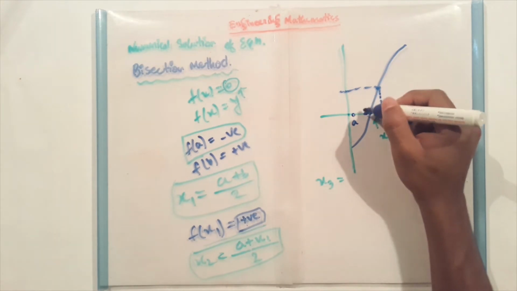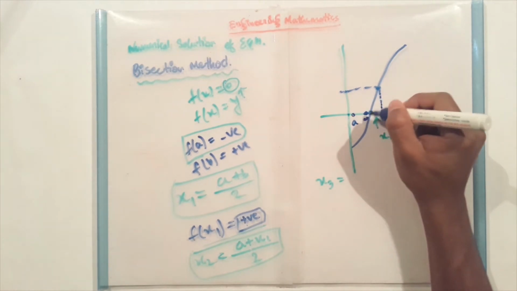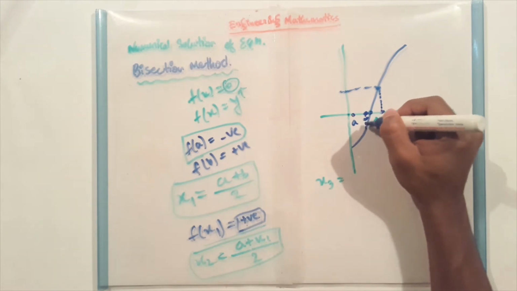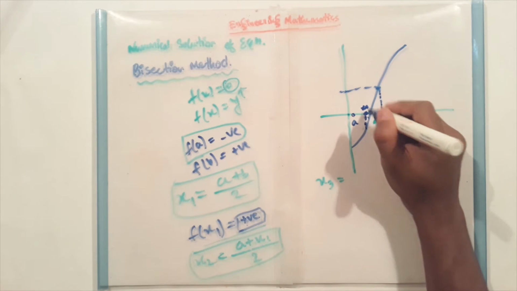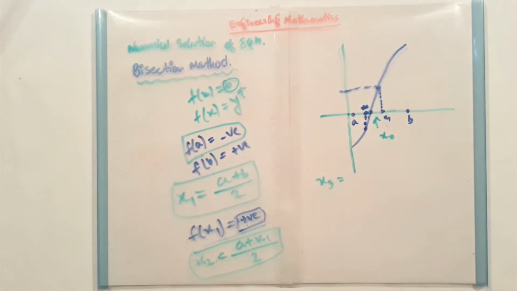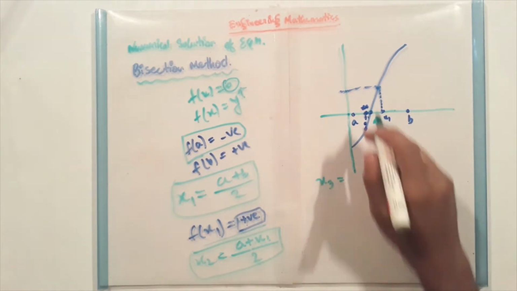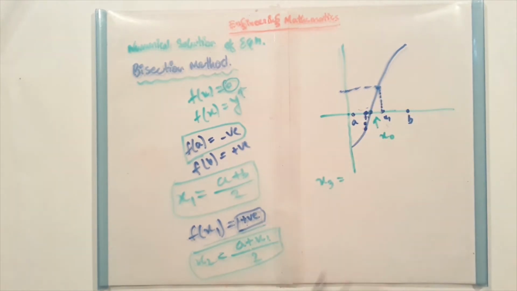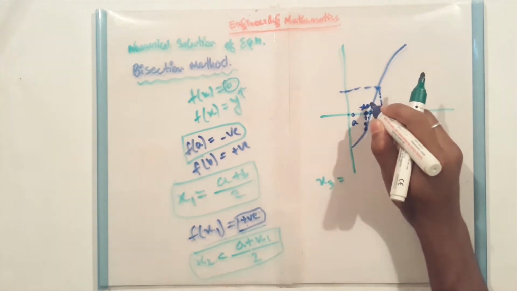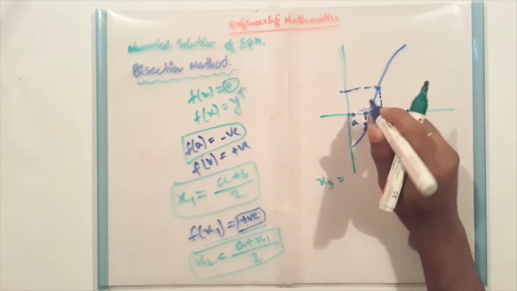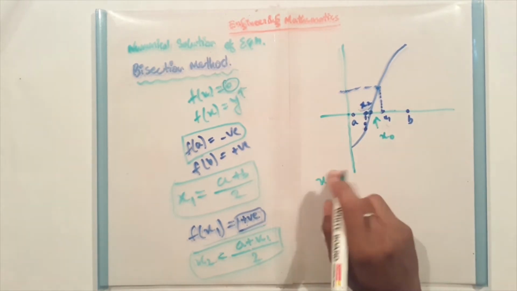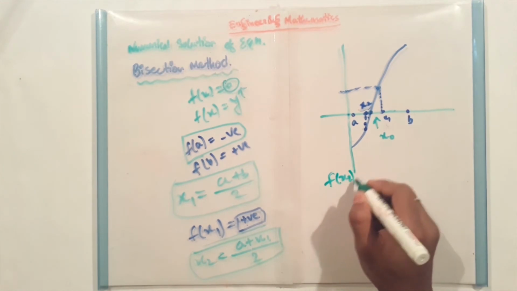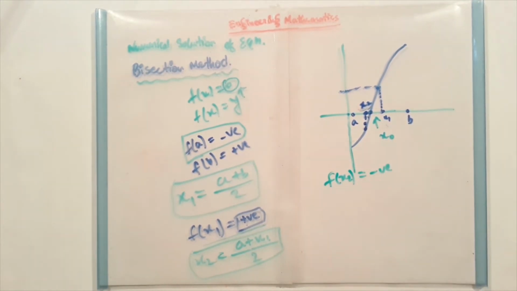This is x2, sorry, x suffix 2, and f(x2) is negative from the graph.